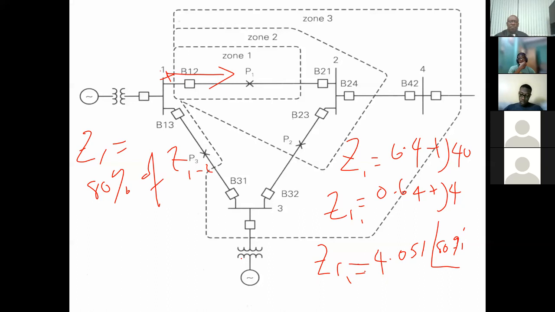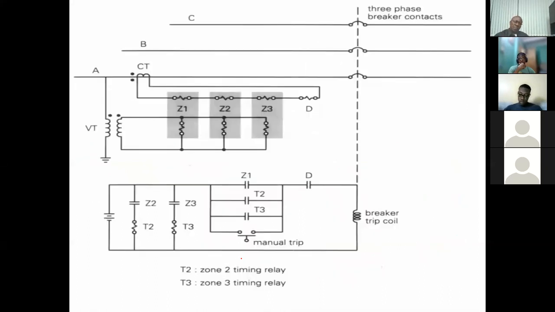All right. So in terms of setup, here is how the whole thing is done. So you have your VT input, your voltage transformer input. You have your CT input. Good. And this is shown on a static relay, really.